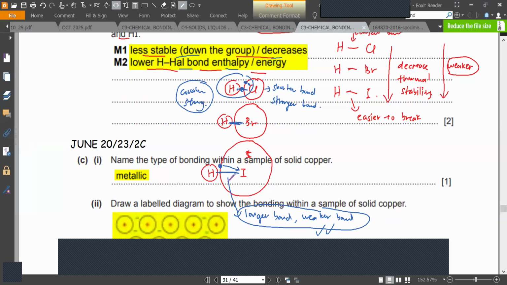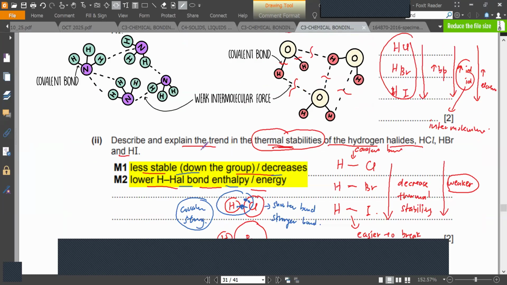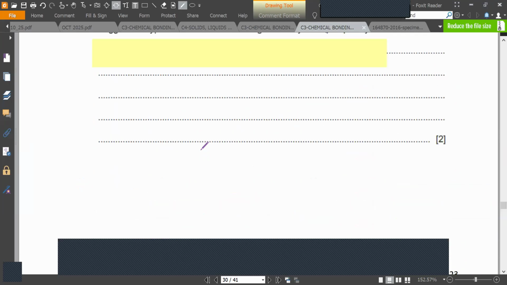This electron is so far away from the nucleus, it's very difficult to attract it, so this bond is weaker. This one we will learn more in later chapters.